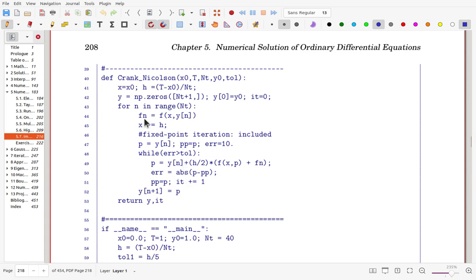For Fn, we are working on the fixed point iteration for xn plus 1, so there is yn plus 1 after convergence. Now Fn uses f at x, yn, so they are averaged. And here again, we count the number of iterations.